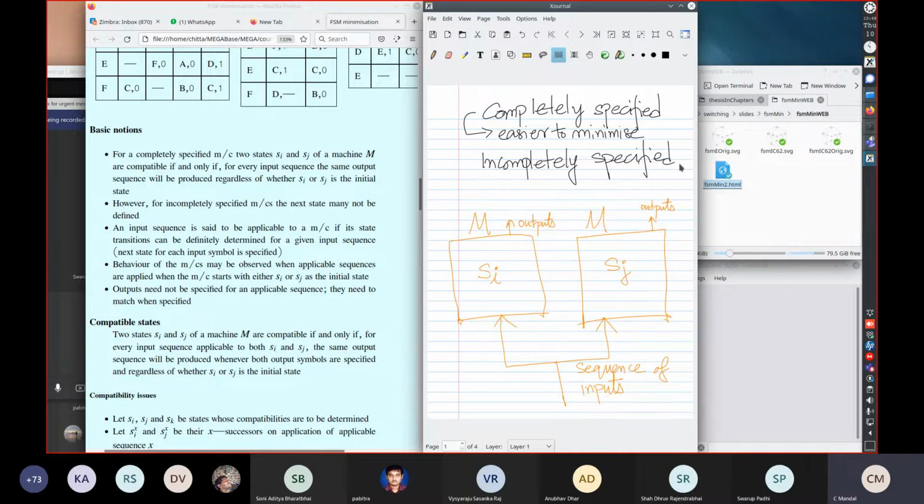Here, for sequential machines, there will be a new thing: this sequence will be an applicable sequence.